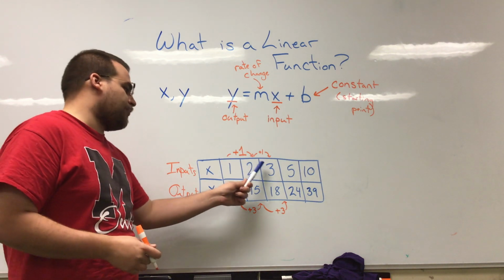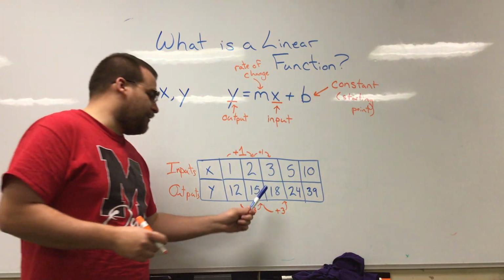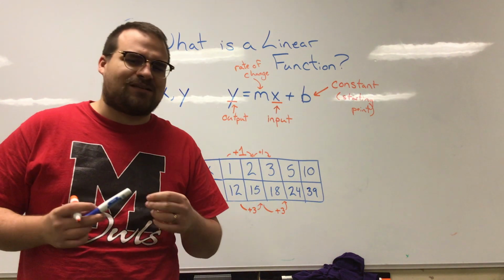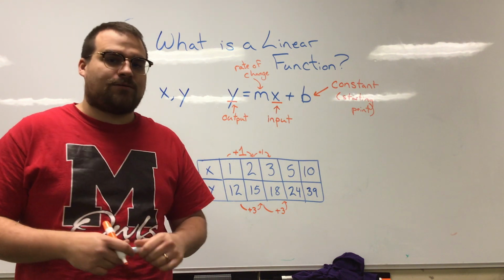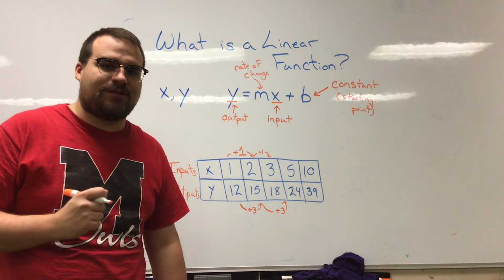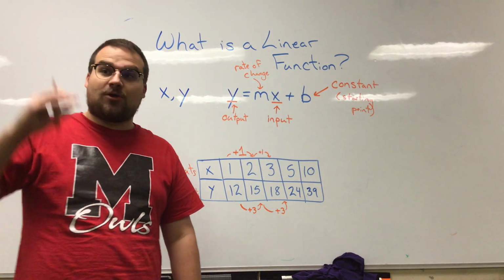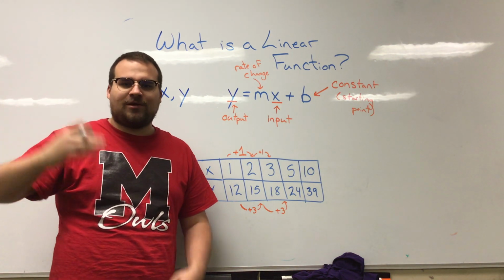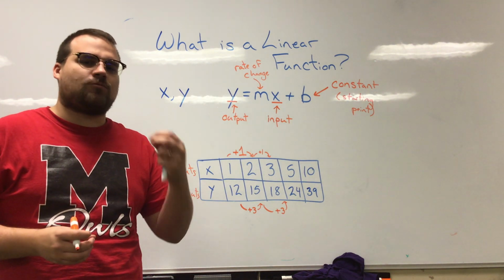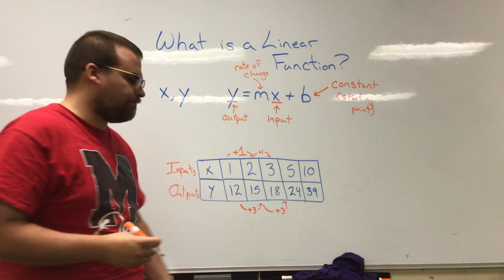When we went up another 1 for our x, we went up another 3 for the y. This is the idea behind linear, meaning that we're not just going to randomly go up by 5 this time and then maybe only go up by 2, maybe go up by 10 the next time. It's not going to do that. We are going to have an equivalent ratio of change.